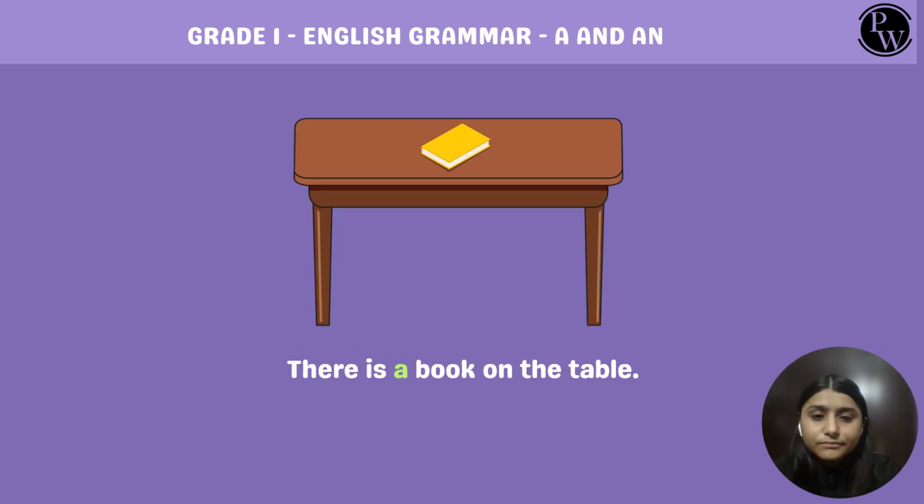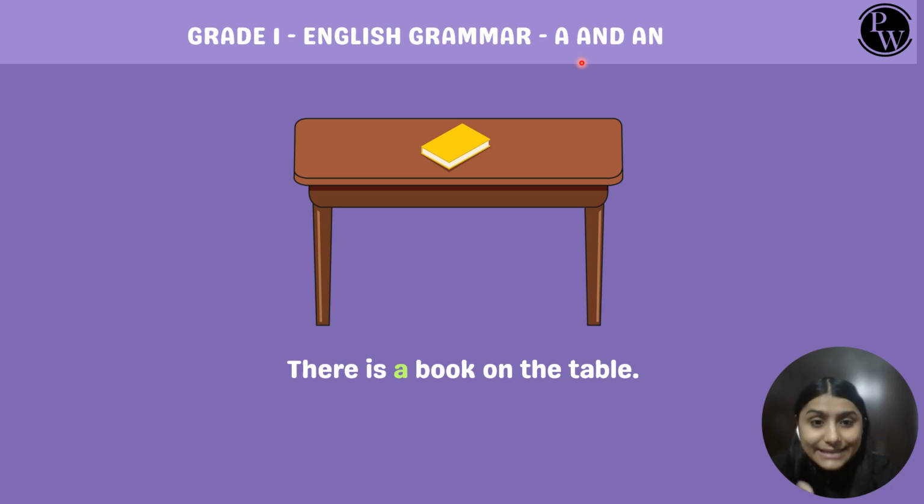Alright? Now, when do we use the article A? Article A is used before words that begin with a consonant sound. For example, there is a book on the table. Do you remember what consonants are? Consonants are the non-vowel letters in our alphabet. So all the letters in the English alphabet except A, E, I, O, U are consonants.